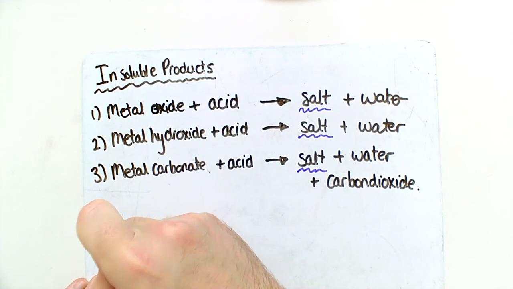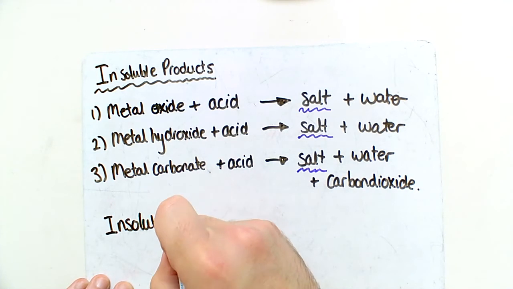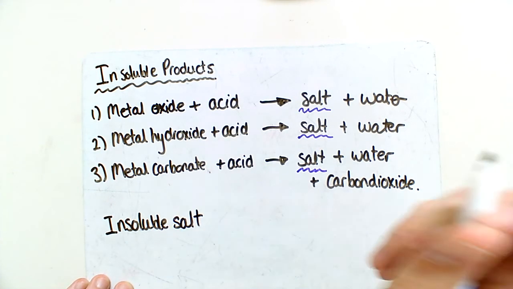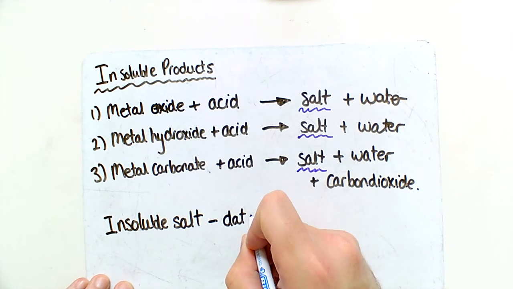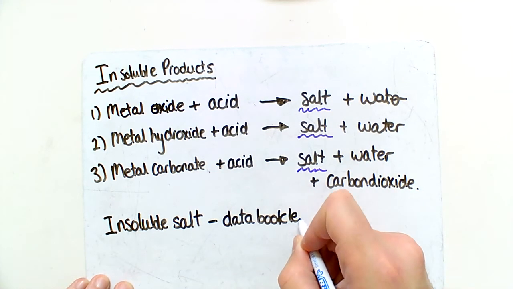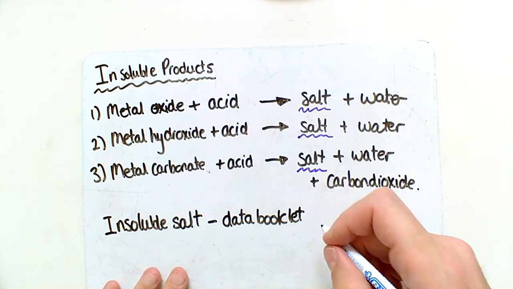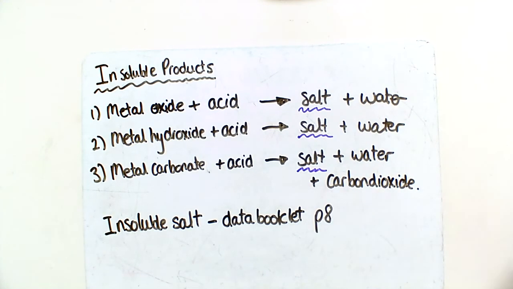So, insoluble salt, we can look up the data booklet. And in the data booklet, that is page 8 for the National 5 data booklet. So I'll just show you that.